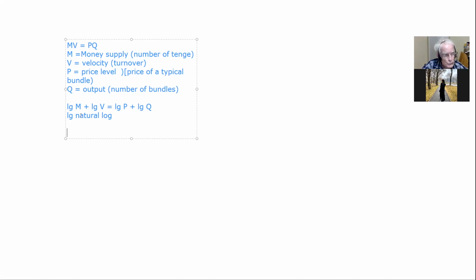Remember from calculus that the change in the log of x with respect to x is equal to 1 over x.